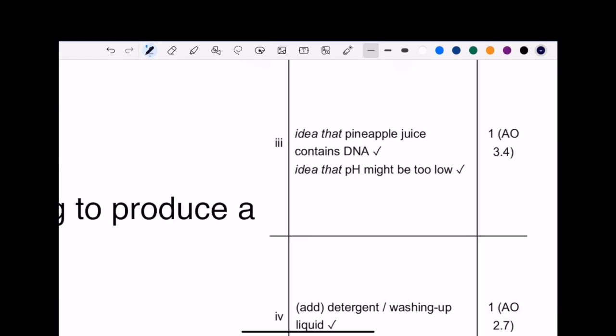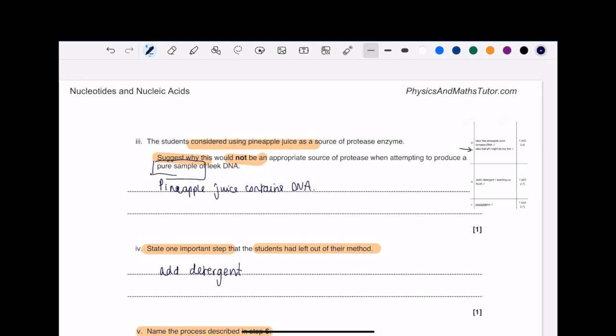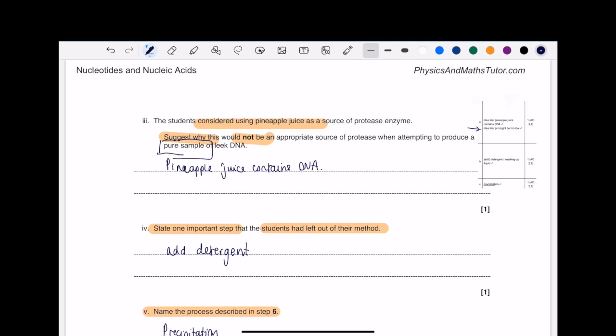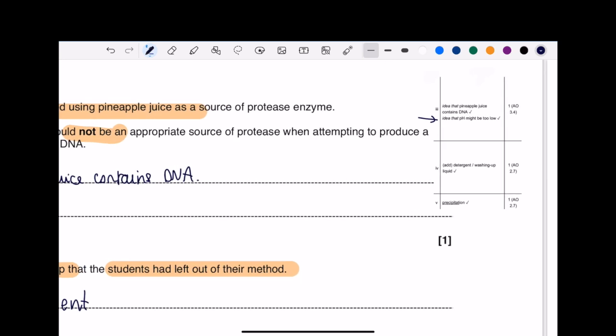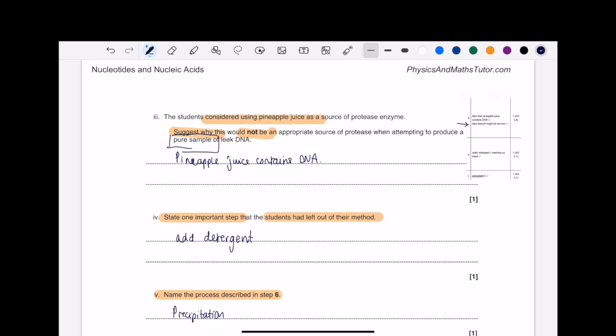Oh, that's quite an interesting point they said here. Idea that pH might be too low. Yeah, okay, that would make sense. Pineapple is very acidic. Have you noticed how when you eat it, your tongue has that strange sensation? Your lips feel wrinkled in a way. So yeah, that's quite a valid point.